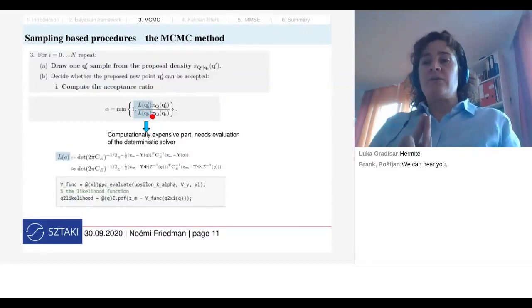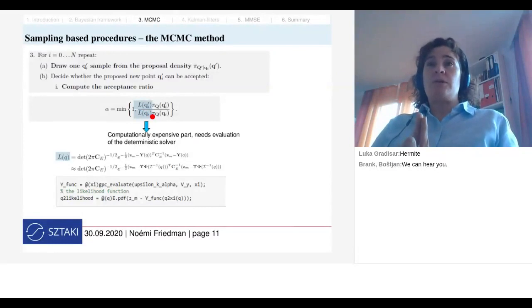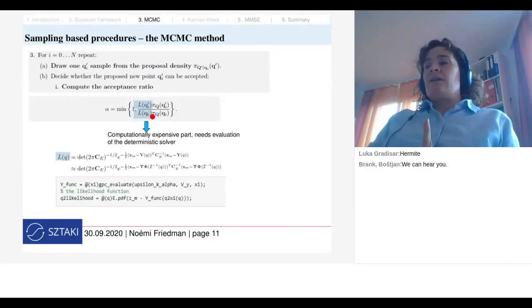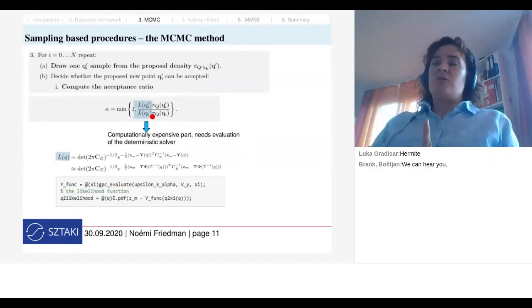So at the point where I'm standing, I'm computing the posterior probability, and then I make a step. I check what is the value of the posterior probability there, and it will depend on the ratio of these two whether I will make the step or not.